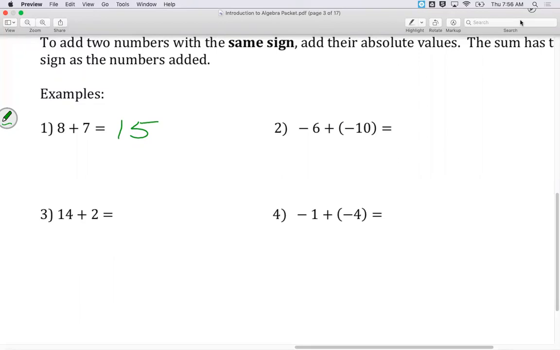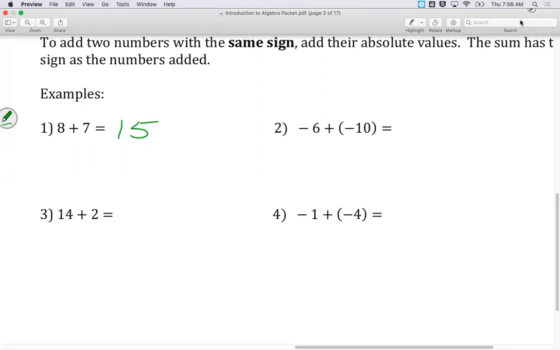Let's go with Chris. -6 plus -10. Think about it this way. If you borrow $6 from me for lunch, and then you borrow $10 from me to go to the movies, how much do you owe me? All right, what about Jack?